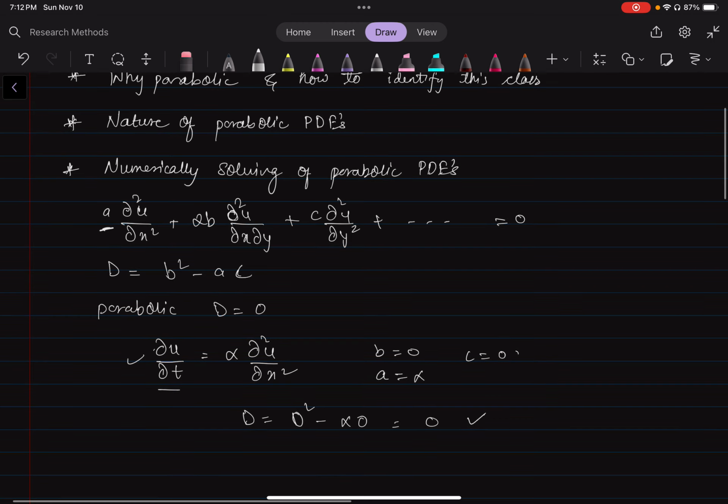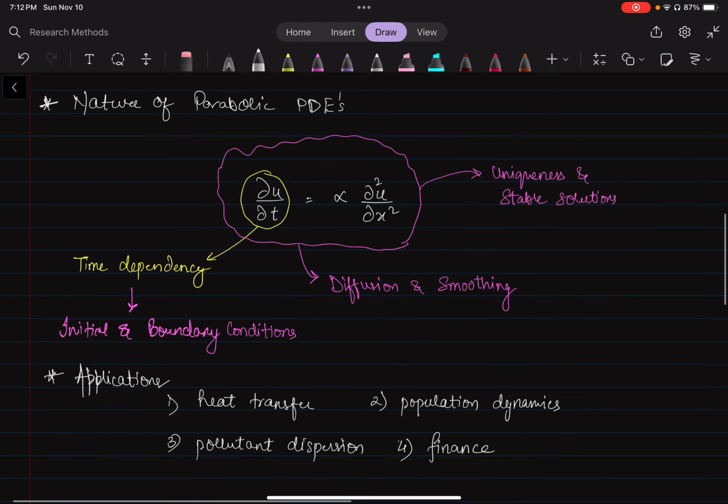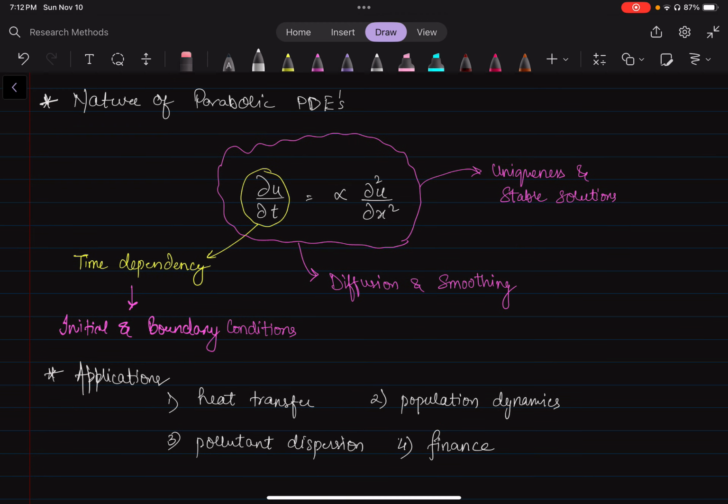Now moving further, we will see the characteristics of these parabolic PDEs. The first thing is that they are time dependent. Here we have a time dependent term, which is basically a partial derivative of the dependent variable over time. Because of this time dependency, they need initial conditions.